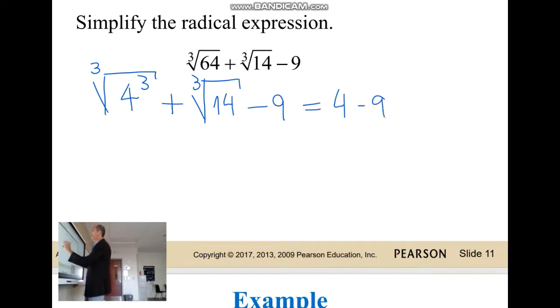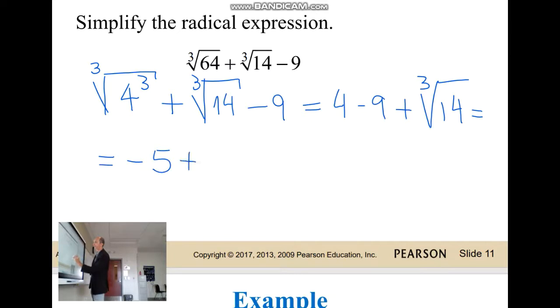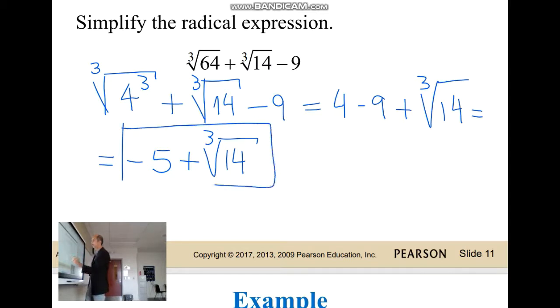Minus 9. And we keep the cube root of 14. This is going to be equal to 4 minus 9, negative 5, plus cube root of 14. And I don't see any more simplifications that we can do. This is going to be the final answer. This is going to be the answer for this example here.